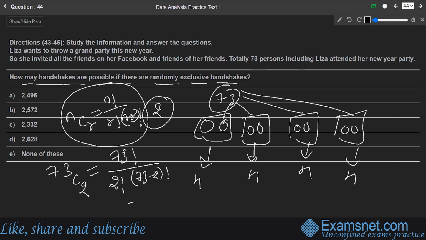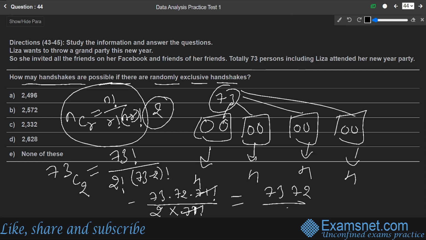If we solve this further, 73 factorial can be written as 73 into 72 into 71 factorial, divided by 2 factorial, which is 2 into 1, that is 2, into 71 factorial. Now this 71 factorial and 71 factorial get cancelled out, so we are left with 73 into 72 divided by 2.